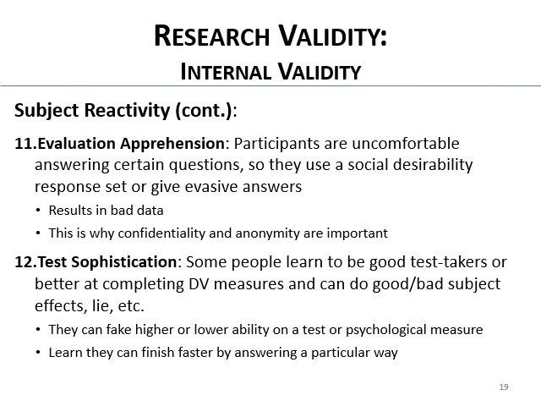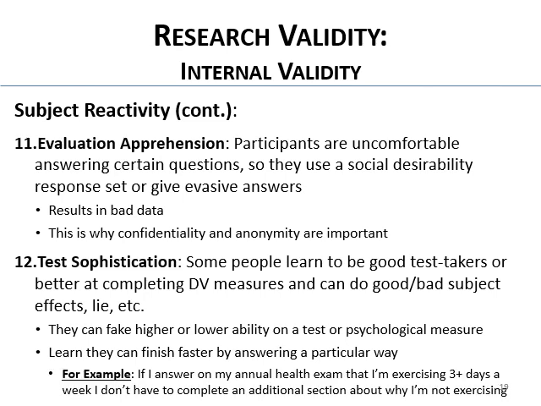If I told them, no, I don't exercise, they don't ask more exercise questions, you're just done. So I got test sophisticated and I'm giving them garbage data. That's the example here. I don't have to do the exercise section if I just tell them, no, I'm not. Or sorry, I do exercise 3+ days a week.